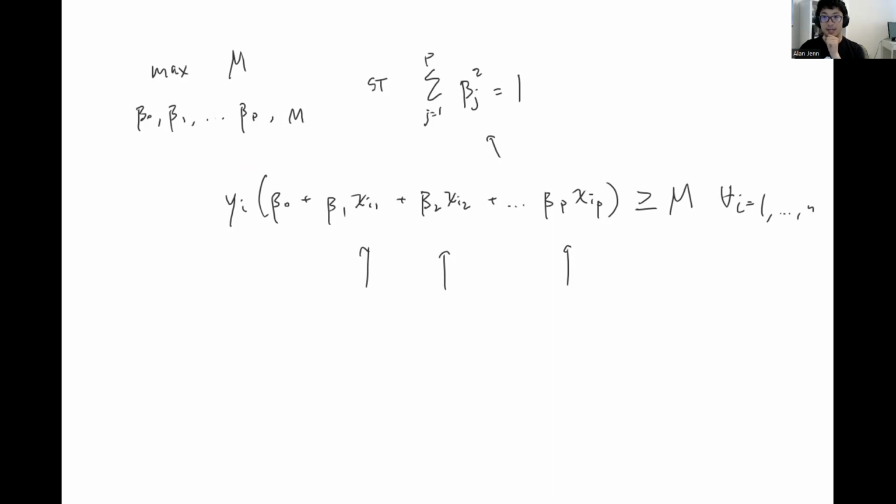In the ISLR book, there's a really nice section about support vector machines that will go into a little bit more detail on the mathematics of how this works. That makes sense. Thanks.